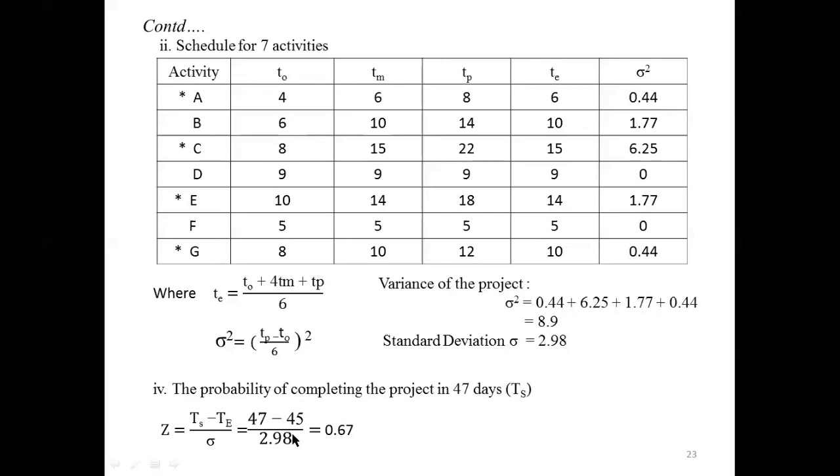If you substitute, you will get 0.67. From the normal distribution table, Z equals 0.67 corresponds to 74.06%.